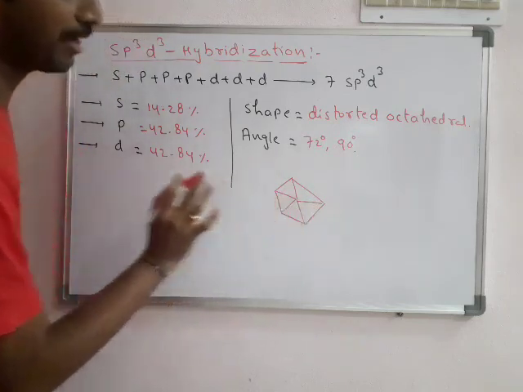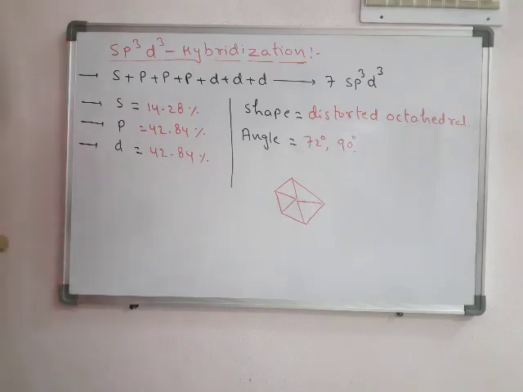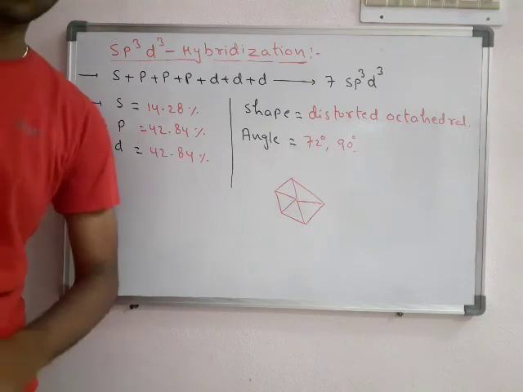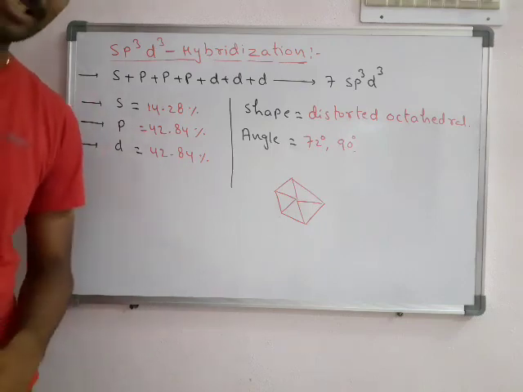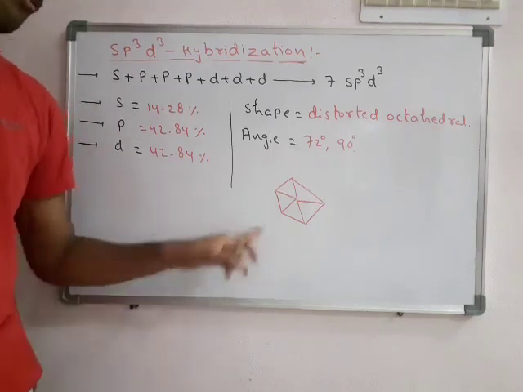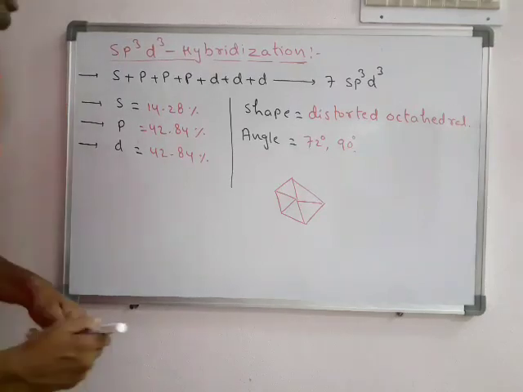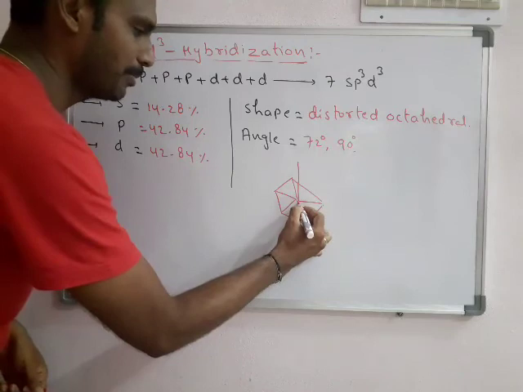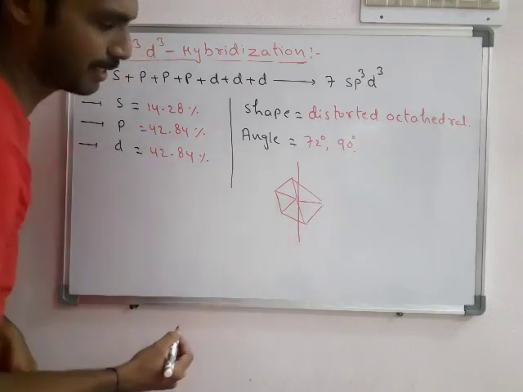The 5 bonds, 1 2 3 4 5, are in one plane. In trigonal bipyramid, 3 are in one plane; in octahedral, 4 are in one plane, just like square planar. Here 5 are in one plane, and above the plane one bond is present, and below the plane one is present.